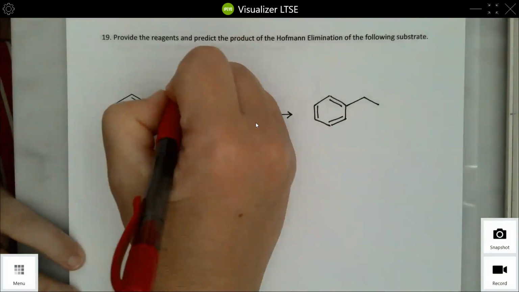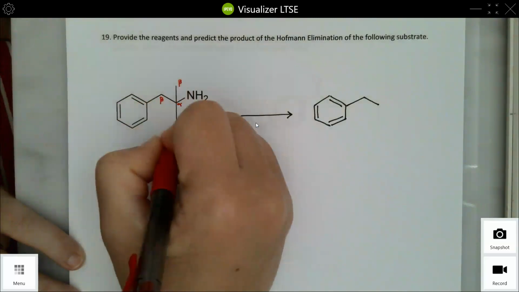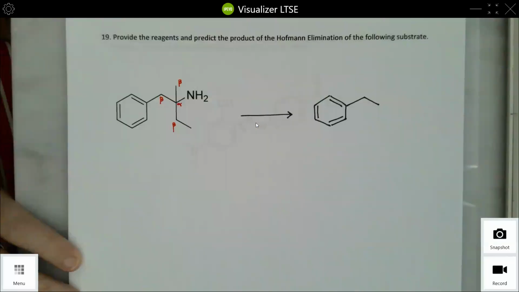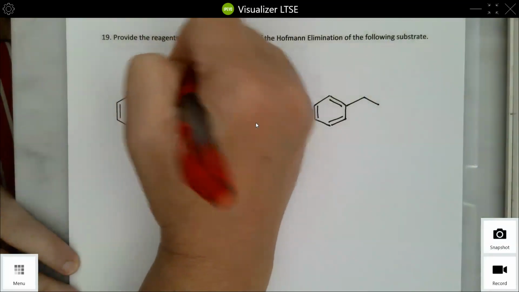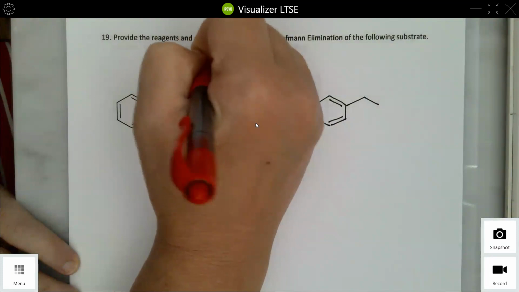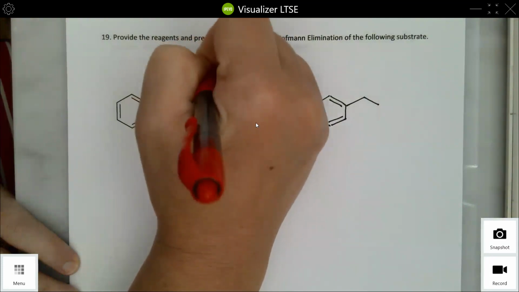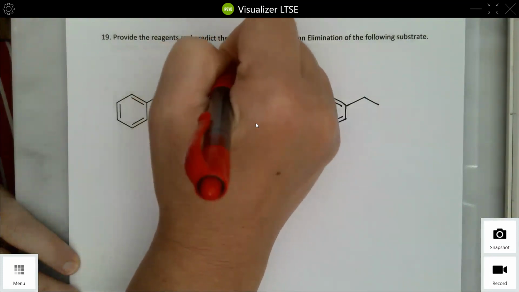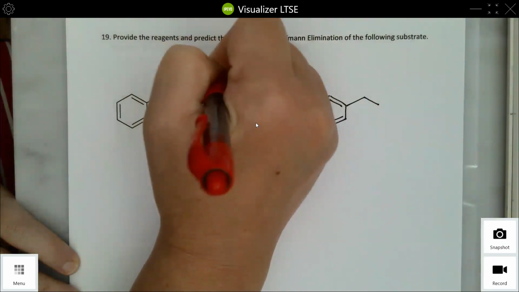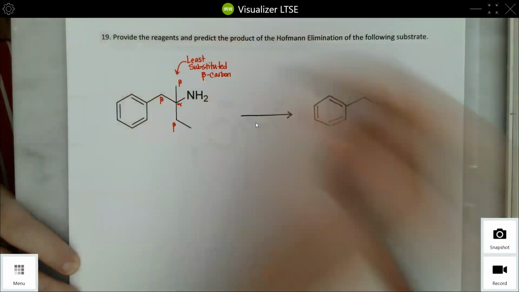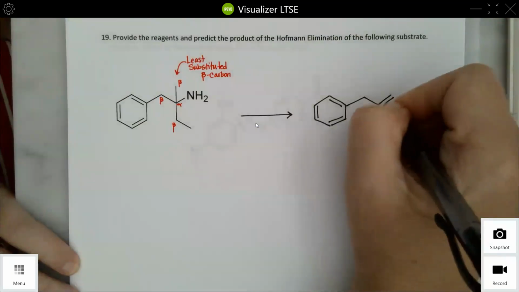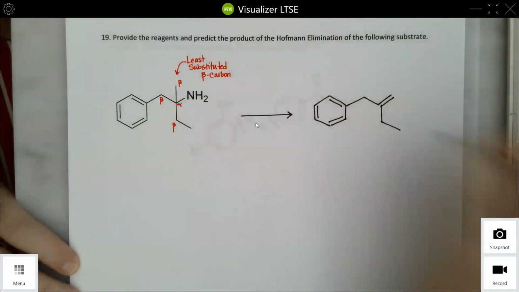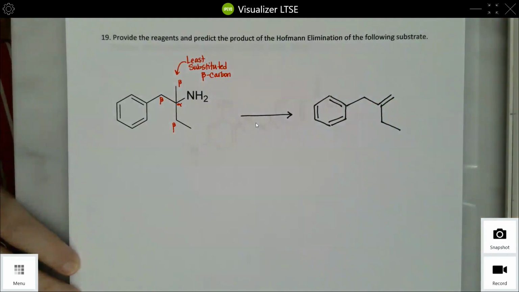If we're looking at the beta carbons, where we could possibly lose a proton, we want to lose one at the least substituted beta carbon. So then we're going to end up with the least substituted alkene, right? So this is the Hofmann alkene.